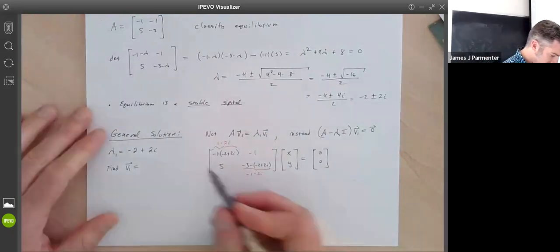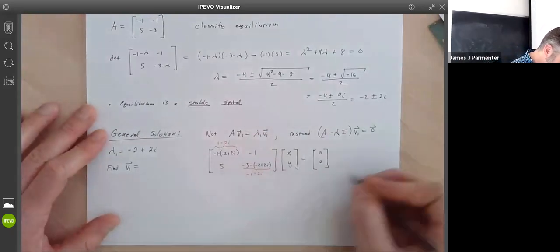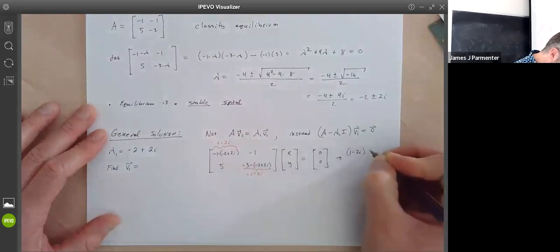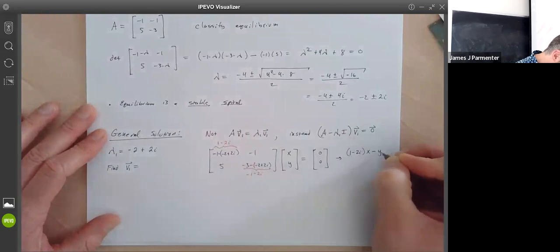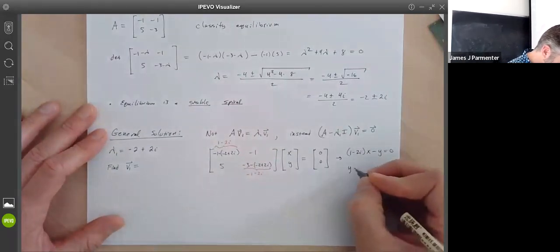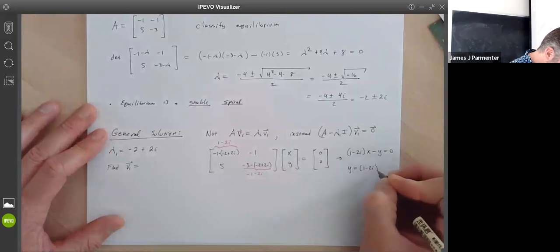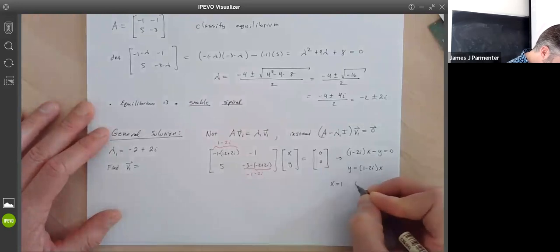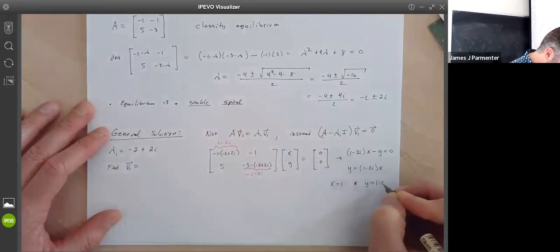So looking at the first equation, I'm going to have 1 minus 2i times x minus 1 times y equal to 0. Solving for y, I get y equal to 1 minus 2i times x. So I'm going to let x equal 1 and y equal 1 minus 2i.